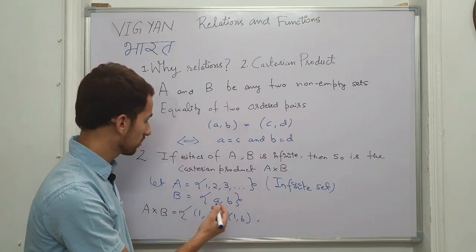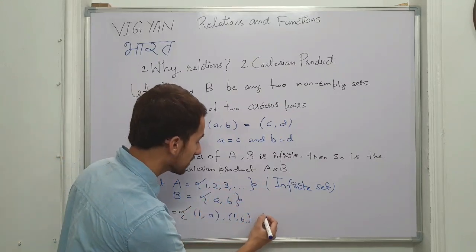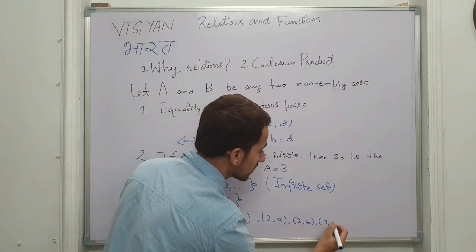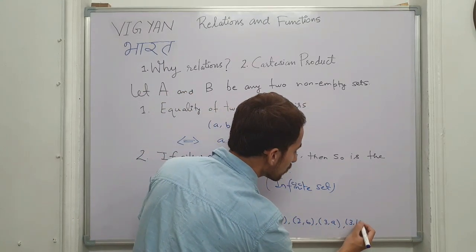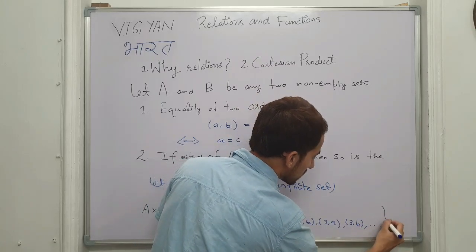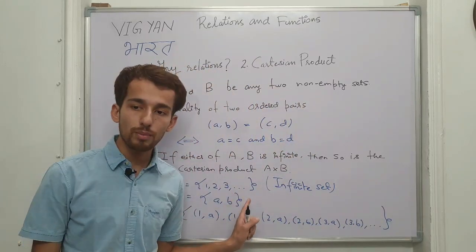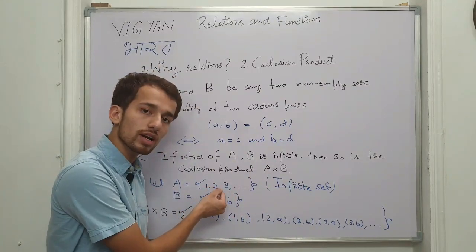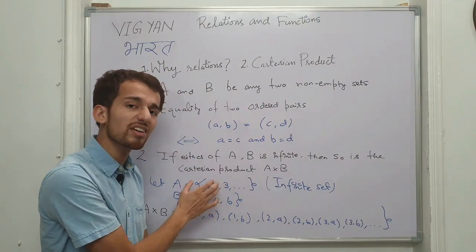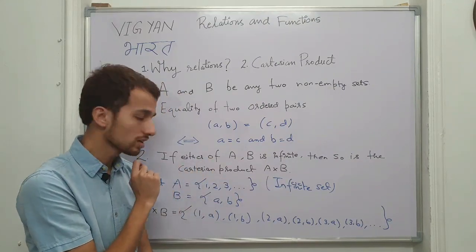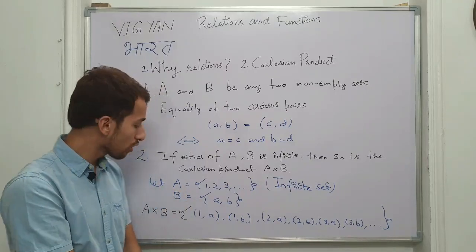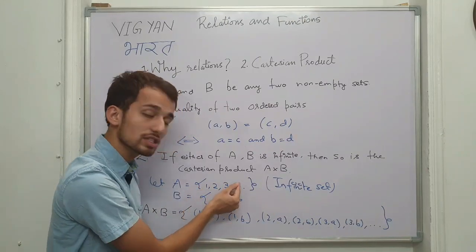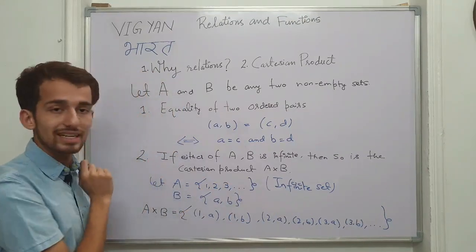Likewise, we can continue for the elements of the set A: (2, a), (2, b), (3, a), (3, b), (4, a), (4, b), (5, a), (5, b), and so on. This set A of natural numbers is infinite, whereas the set B is a finite set. So you observe that the Cartesian product is an infinite set because of the infinite possible choices of elements from the set A.